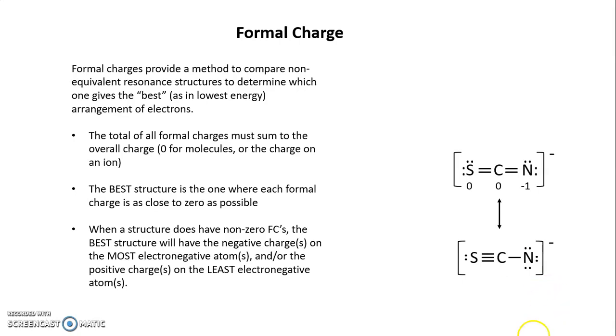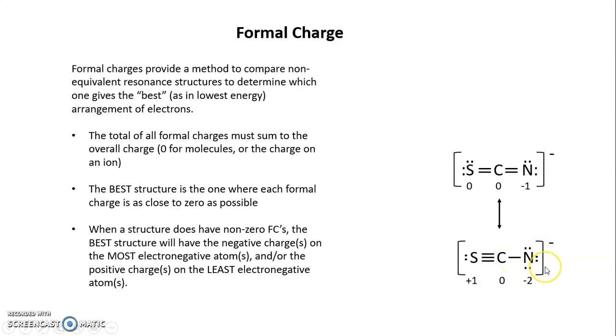Okay, so if we go through, we're going to see that we get 0 for the carbon. The sulfur has 3 bonds and 1 lone pair for 5, but since sulfur normally gets 6 valence electrons, that means it's actually short an electron in the Lewis structure, so we're going to give it a formal charge of +1. The nitrogen in this case has 3 lone pairs around it, so that's 6 electrons, plus 1 more for the bond, that's 7.